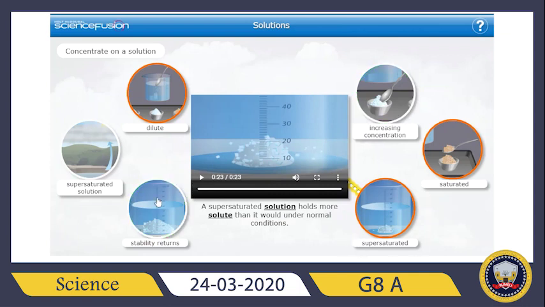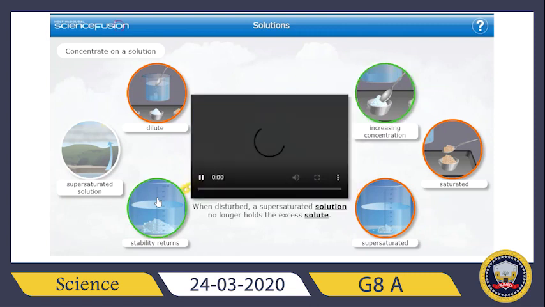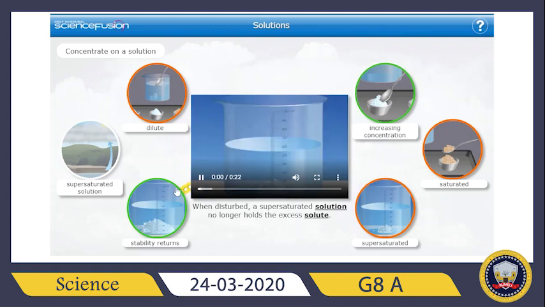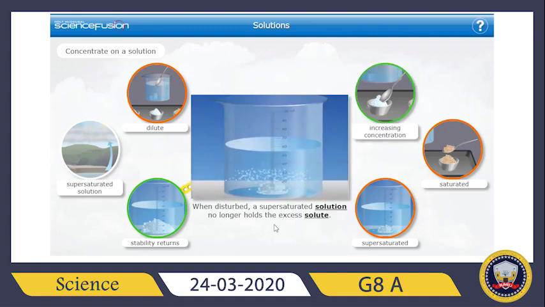But even the smallest change can disturb this solution, and the supersaturated solution cannot hold the excess solute and it will just precipitate, like you see here. So this is what we call supersaturation.